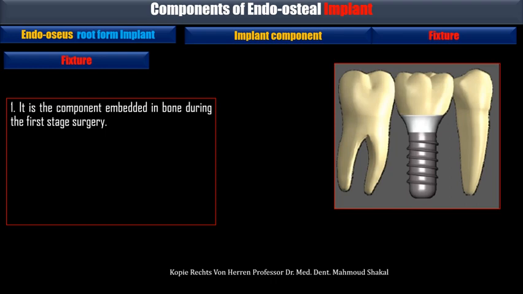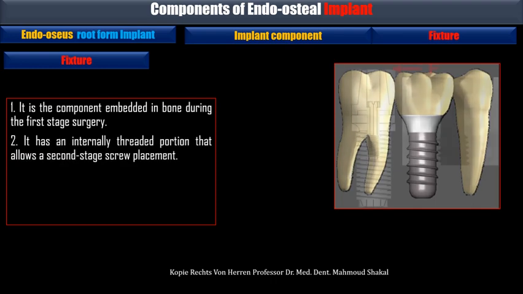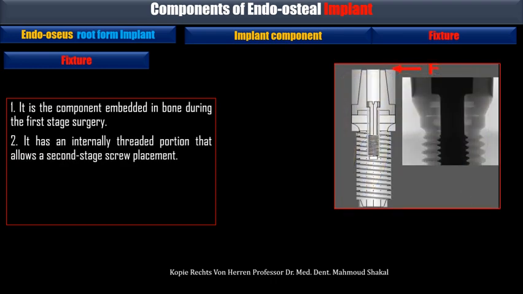It is the component embedded in the bone during the first stage surgery. It has an internally threaded portion that allows a second stage screw placement inside.